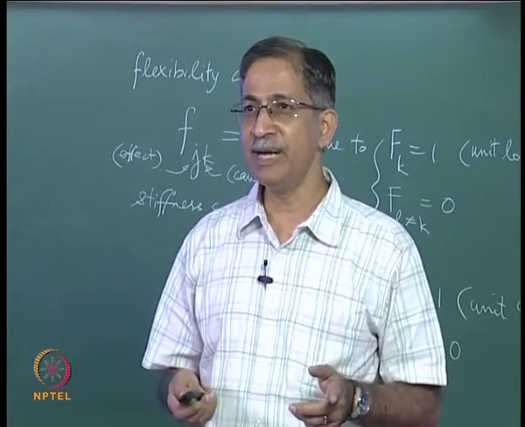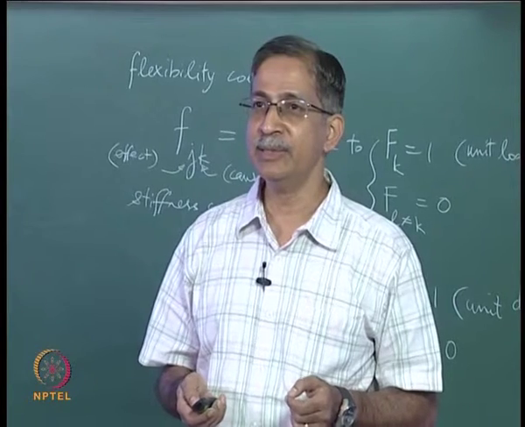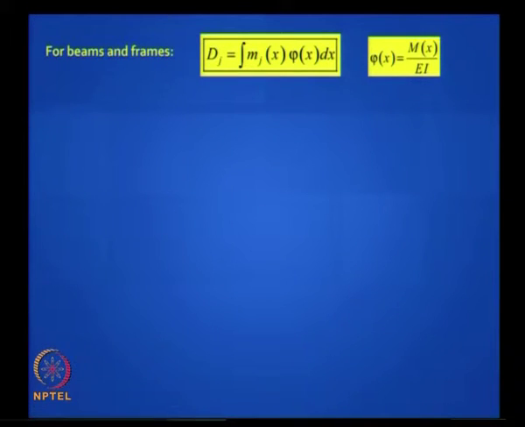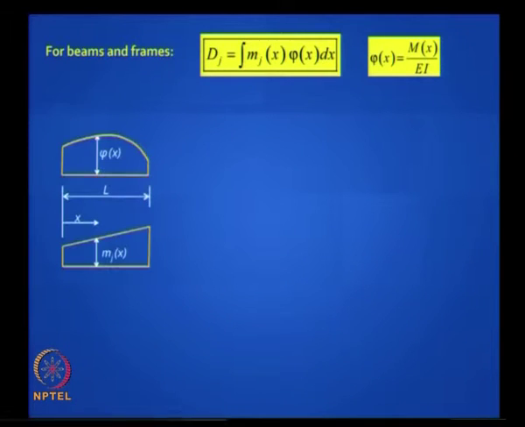So for beams and frames, this would be the formula that you would use. If you want to find d_j, the displacement or deflection at a coordinate j, then it is integral m_j phi(x) dx. If the phi is caused by a bending moment, then it is M by EI, very simple, straightforward. And if you look at it carefully, you are really multiplying two diagrams.